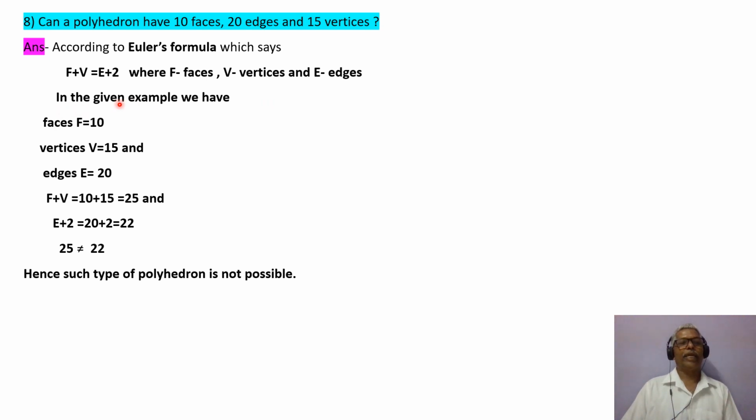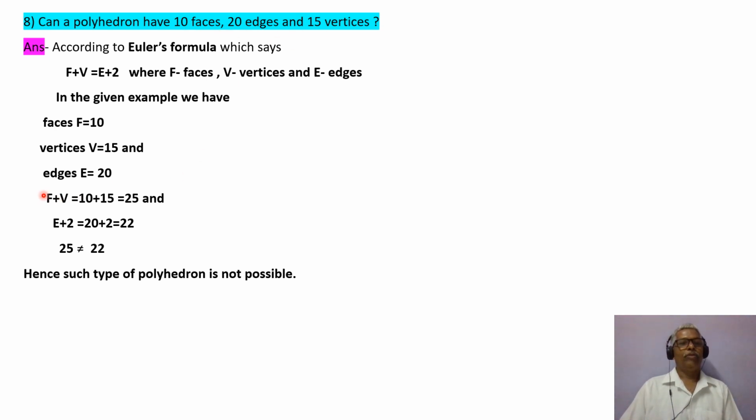In the given example, F is 10 faces, vertices V is 15 here, and edges E is 20. So you have to read this very carefully. See, they have not given the order, so you have to take this and understand this very carefully.